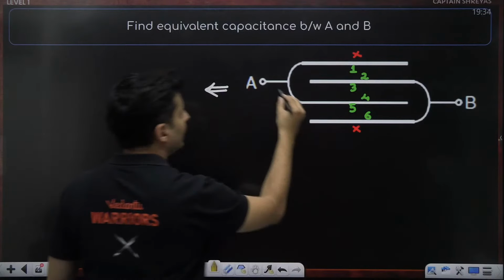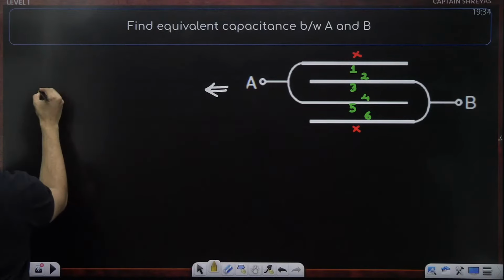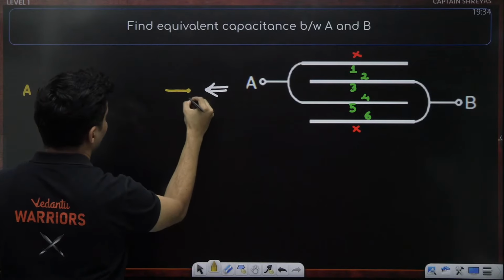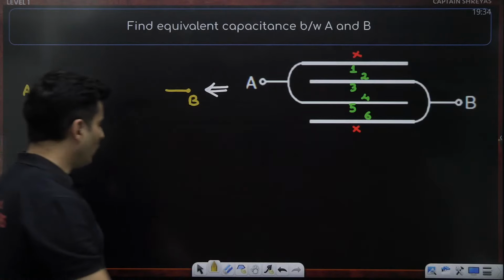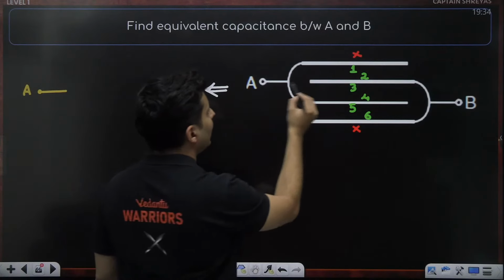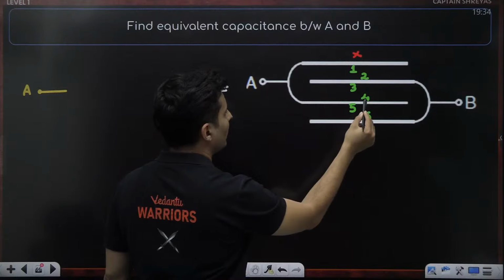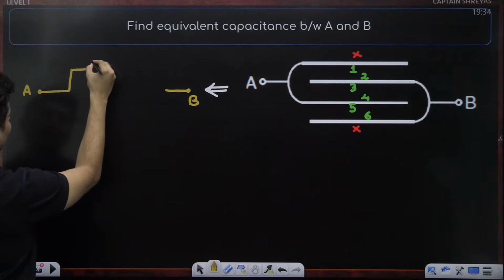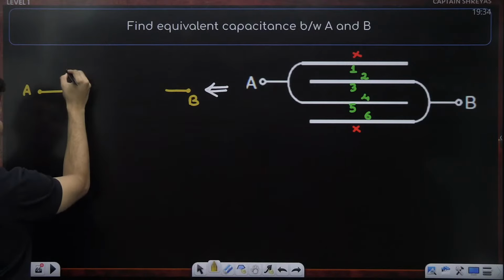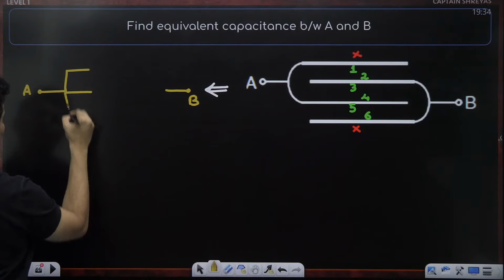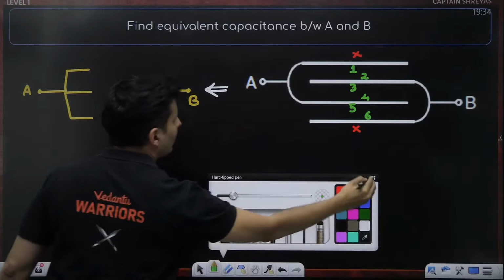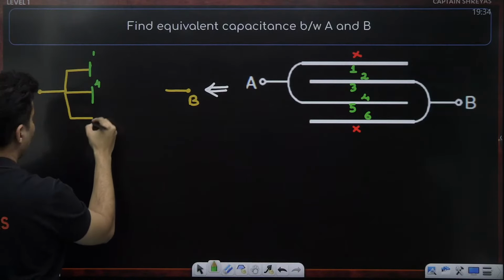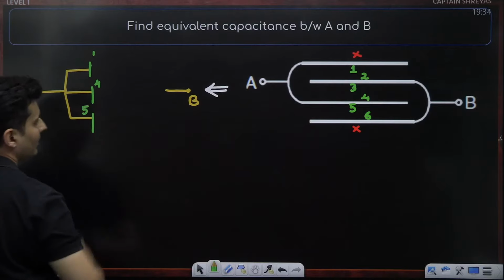A is a point right over here, and let's say B is a point right over here. Let's see what A is exactly connected to. A is connected to 1, 4 and 5.